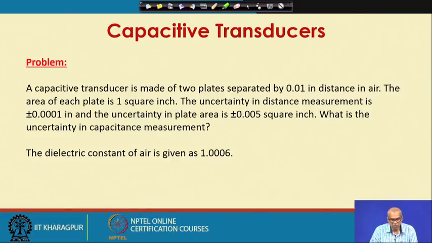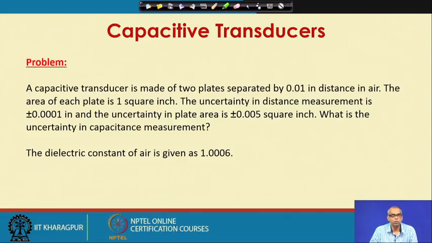So, the dielectric constant is known accurately, let us say. There is an uncertainty associated with the measurement of distance between the two plates and also an uncertainty associated with the measurement of area of the plates. So, we know those two uncertainties.